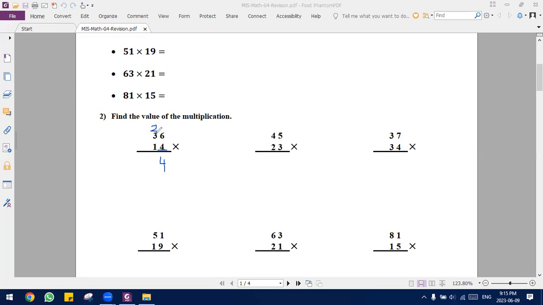So we do 3 times 4 is 12, and we add these two, 14. Okay, so we finished multiplying 36 by 4. Now remove the carry so you don't use it again, otherwise you'll make a mistake. Now, I finished multiplying by 4.